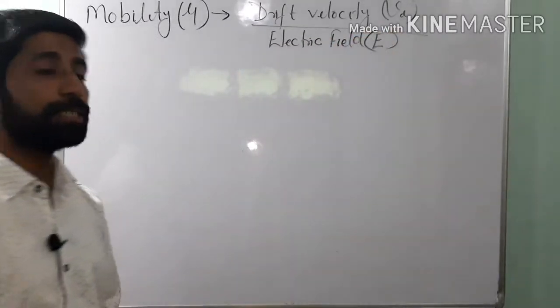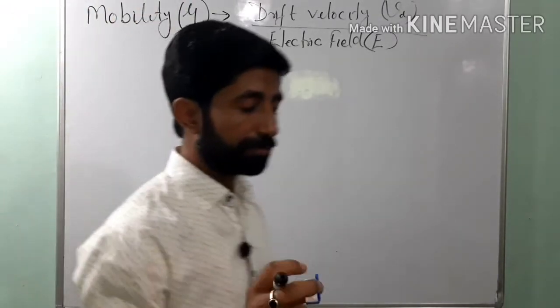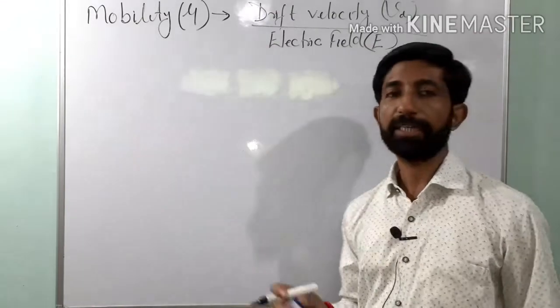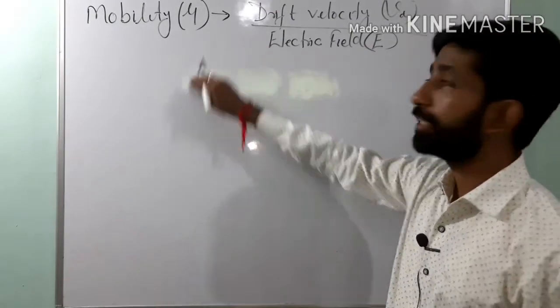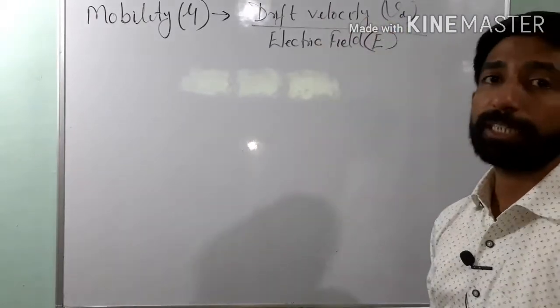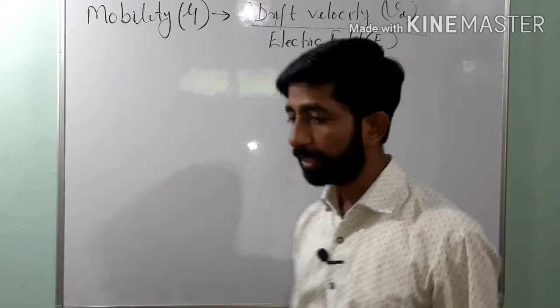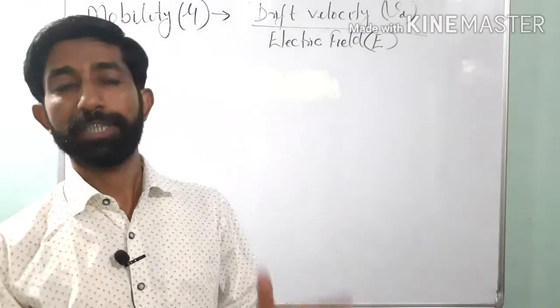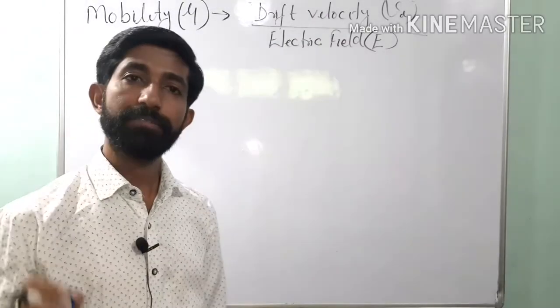The mobility of any charge carrier simply defines how easily the charge carriers are moving through the conductor. Mathematically it is equal to the drift velocity acquired by the charged particle over the electric field applied, or you can say the drift velocity acquired by a charged particle per unit applied electric field across the conductor.